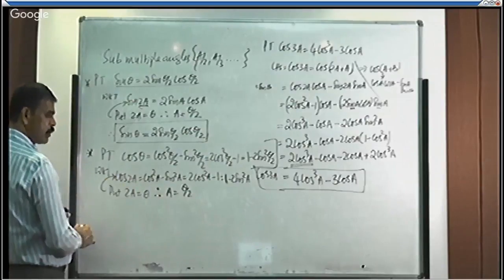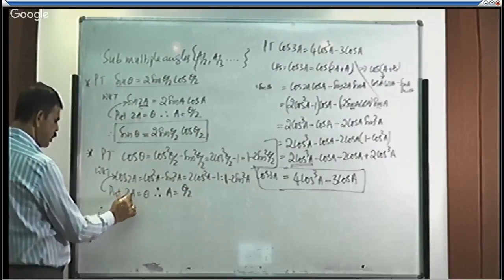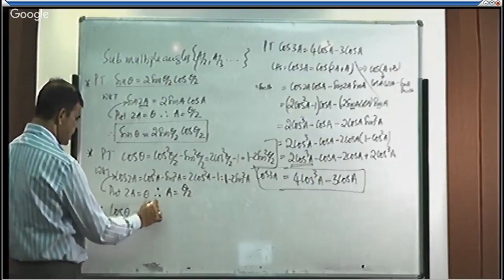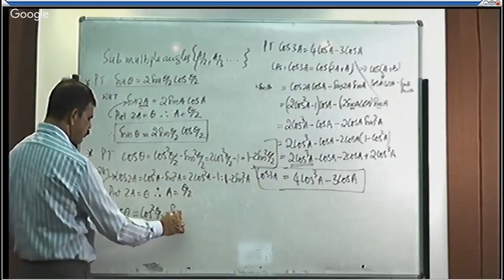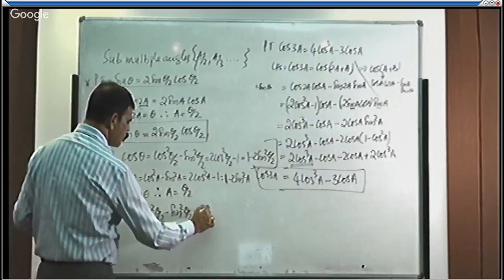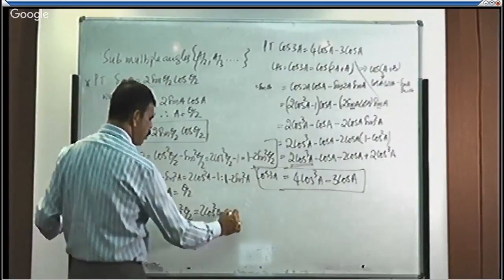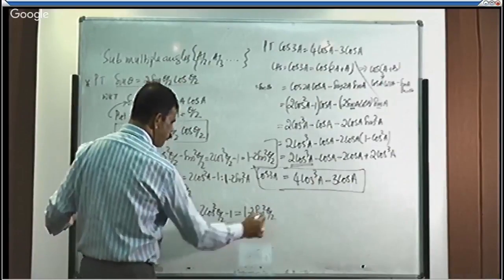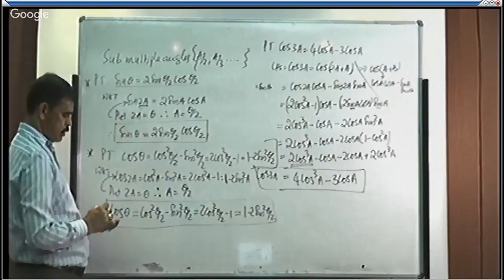It becomes cos of 2a, which is theta, is equal to cos square of a, where a is theta by 2, minus sin square theta by 2, or 2 cos square theta by 2 minus 1, or 1 minus 2 sin square theta by 2. So this is for the cos theta formula.